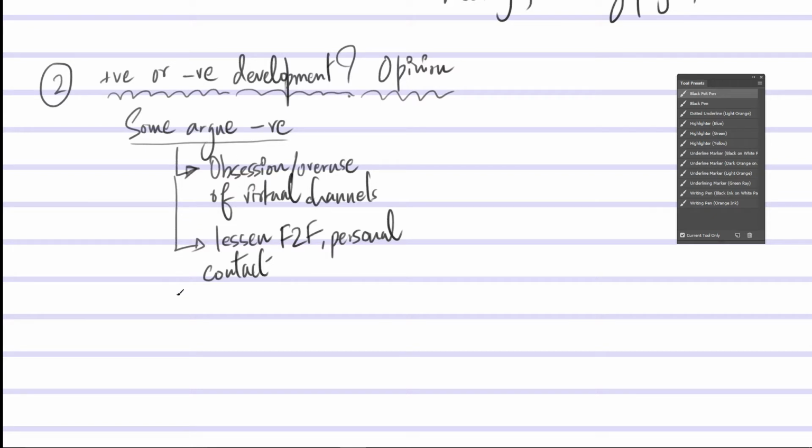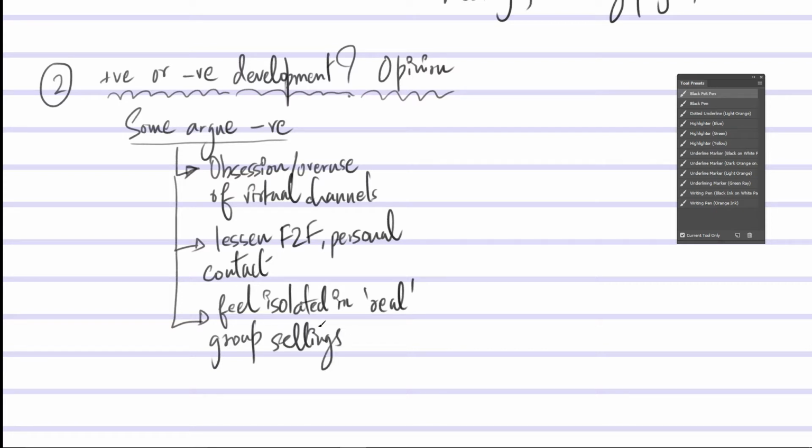And as an extension, maybe, we may use all the points, we may not, but it's good to just brainstorm the ideas around it. So feel isolated in real group settings. So this may lead to us feeling isolated even in real group settings.